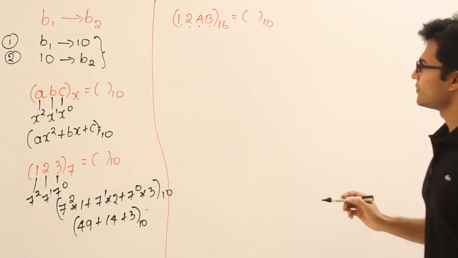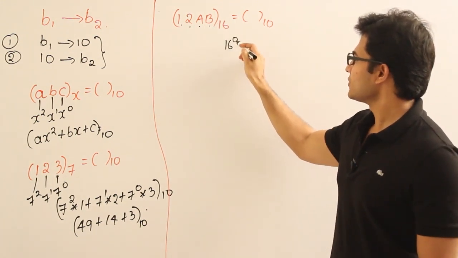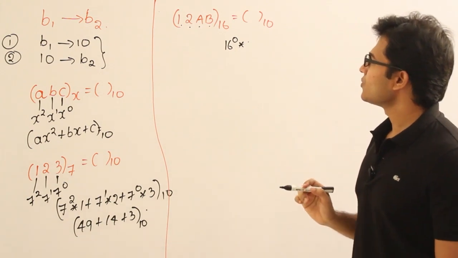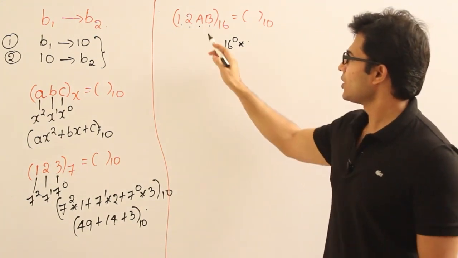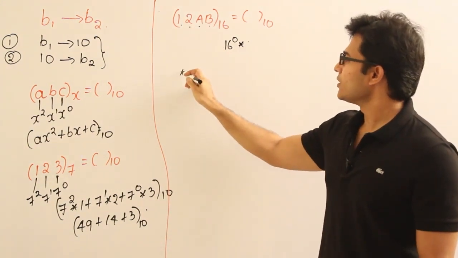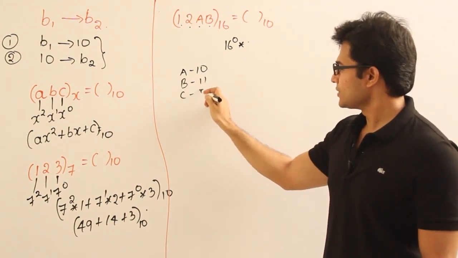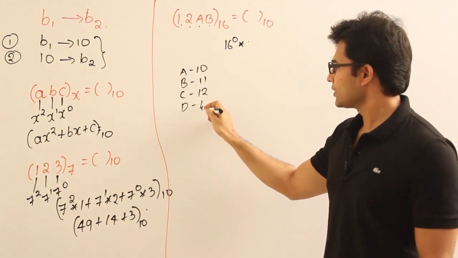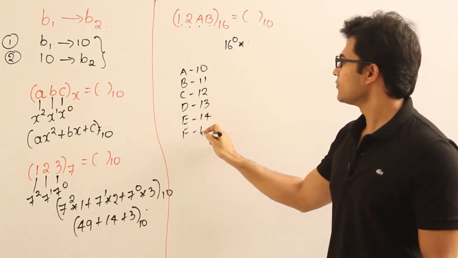So you can write it the same way. Weight of B is 16 power 0, which means 16 power 0 into B. You have to be a bit careful here. In base 16, you should know the values of A and B. Value of A is 10 and value of B is 11. Value of C is 12, D is 13, E is 14 and F is 15.